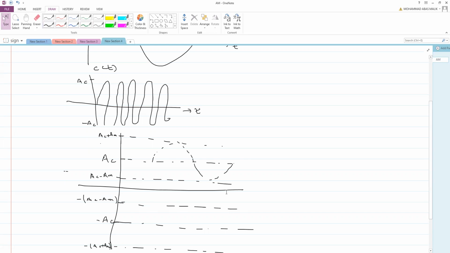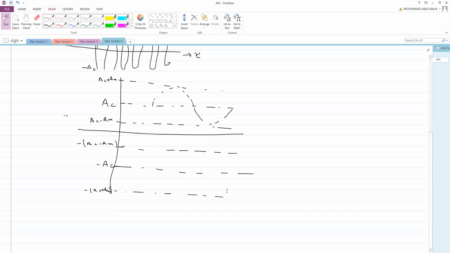So finally you have the signal like this. In between this envelope, you will be having your carrier signal.